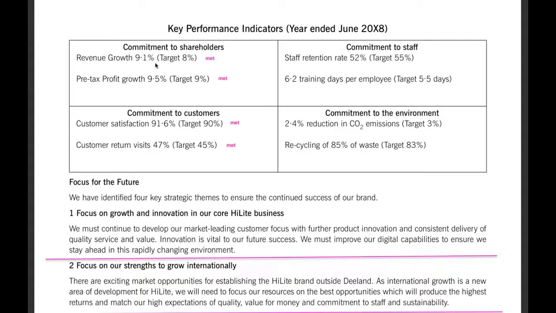This one supports your home demand. Customer satisfaction can also support you with the home demand.